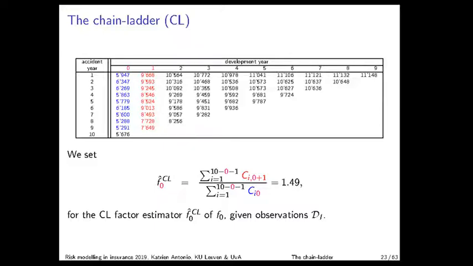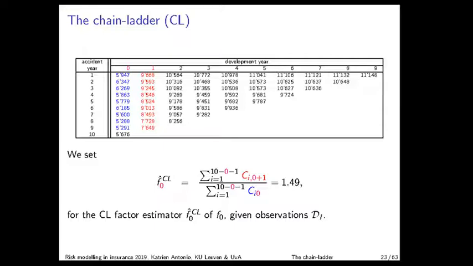You calculate this factor as the ratio of the cumulative amounts in red and the cumulative amounts printed in blue. In mathematical notation, you find the expression as printed on the sheet, where the i in the sum runs from 1, the first occurrence period in the portfolio, to 9, which denotes the last occurrence period for which both development period 0 and 1 are observed.